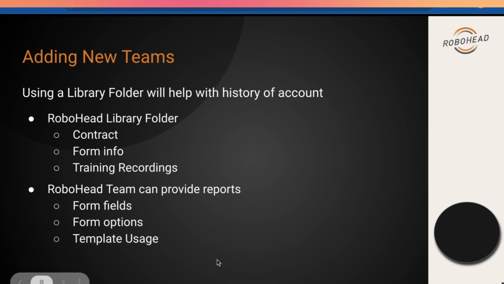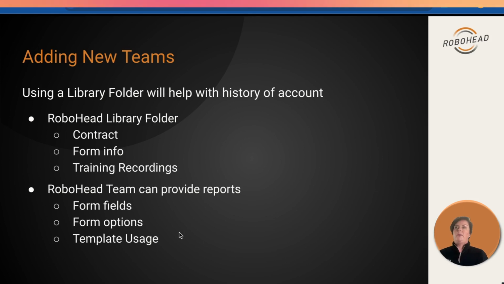So when you are adding new teams, and this does happen often for us, remember that you've got that library folder with some basic information, but reach out to RoboHead because we can also help you with some reports that we can get a hold of, whether it's form fields or the options that are in those form fields.